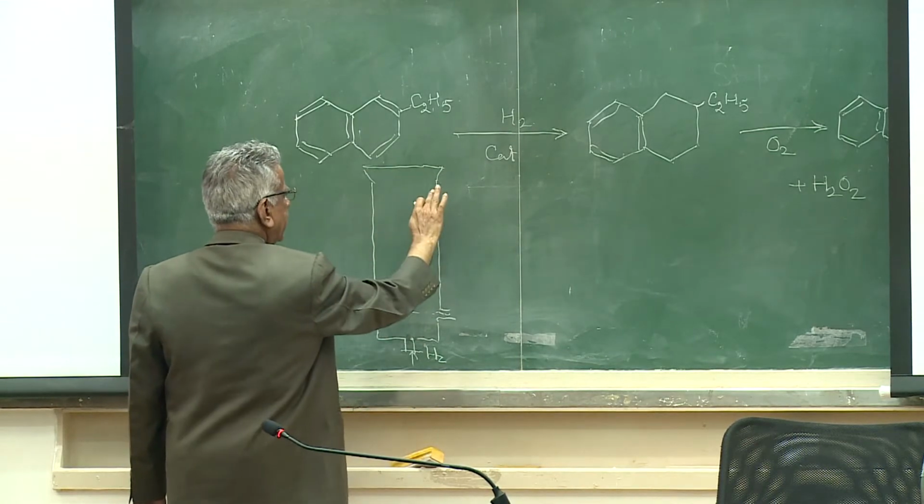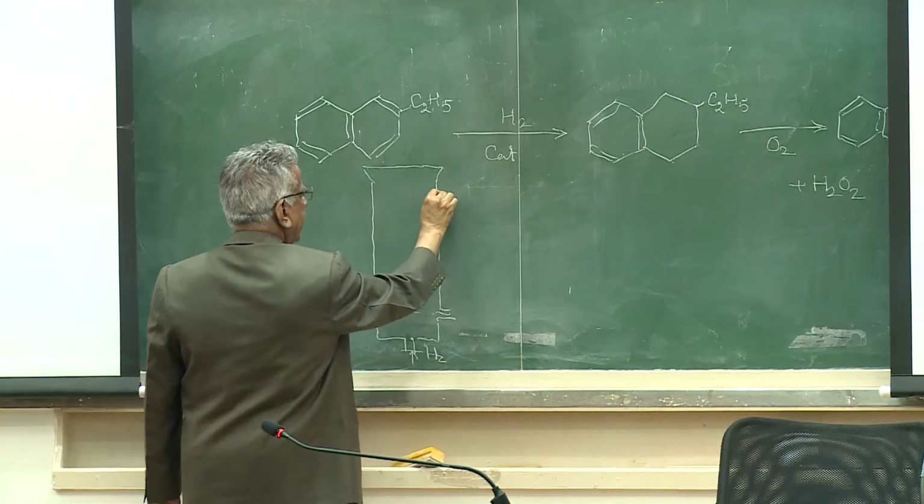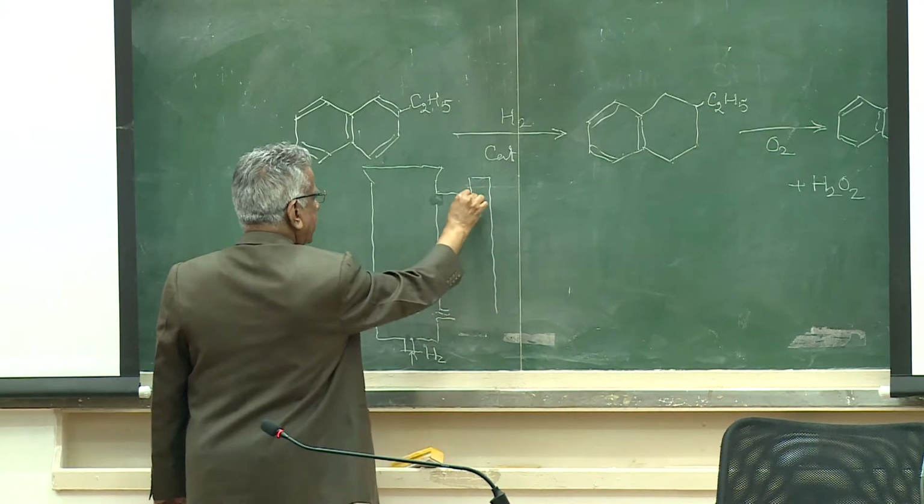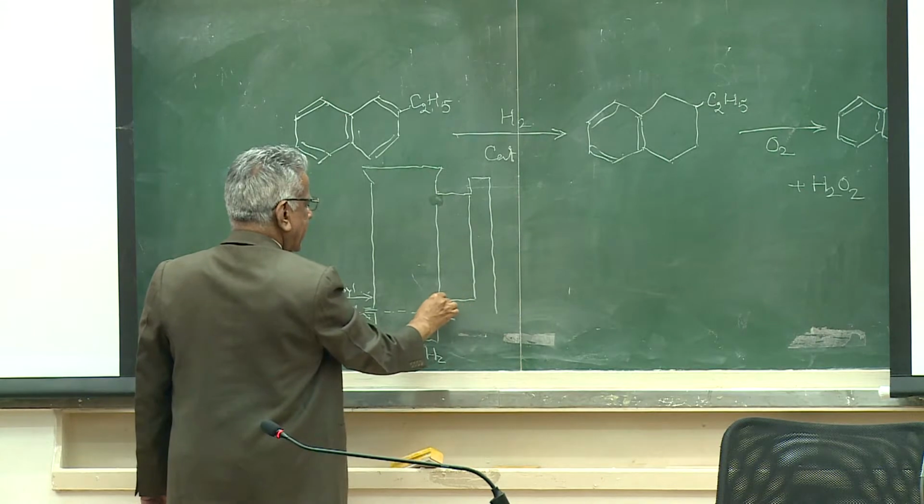So, what is done typically is we have something like an external loop airlift reactor, we have another pipe which gets connected here.